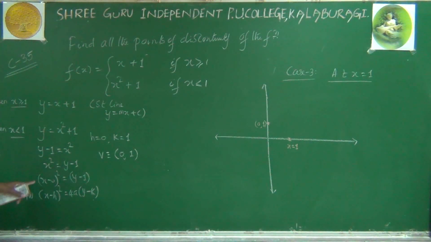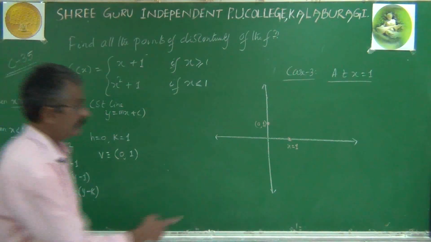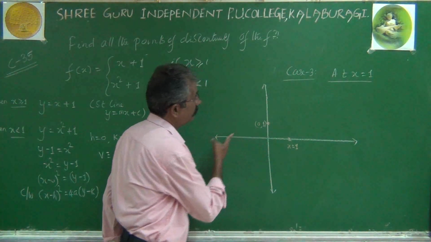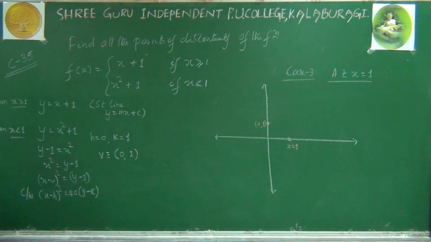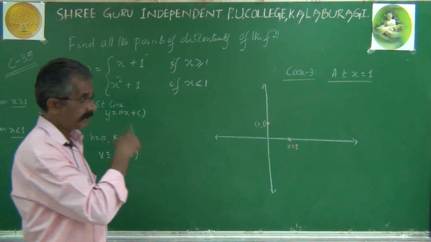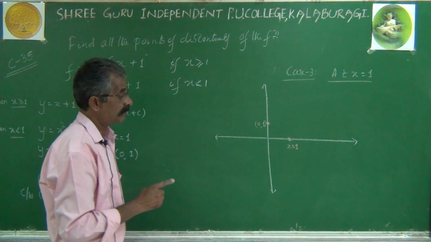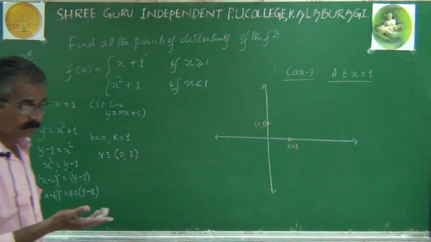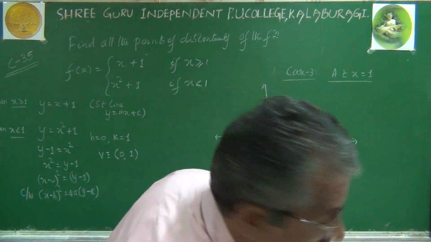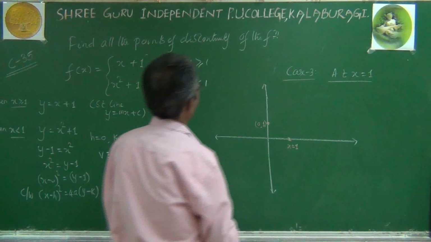And for x less than 1, for these values of x, our function is a parabola. Its shape is symmetrical about the y-axis because x square equal to 4ay, but the vertex is not at the origin; it is other than the origin. This will be the rough shape.